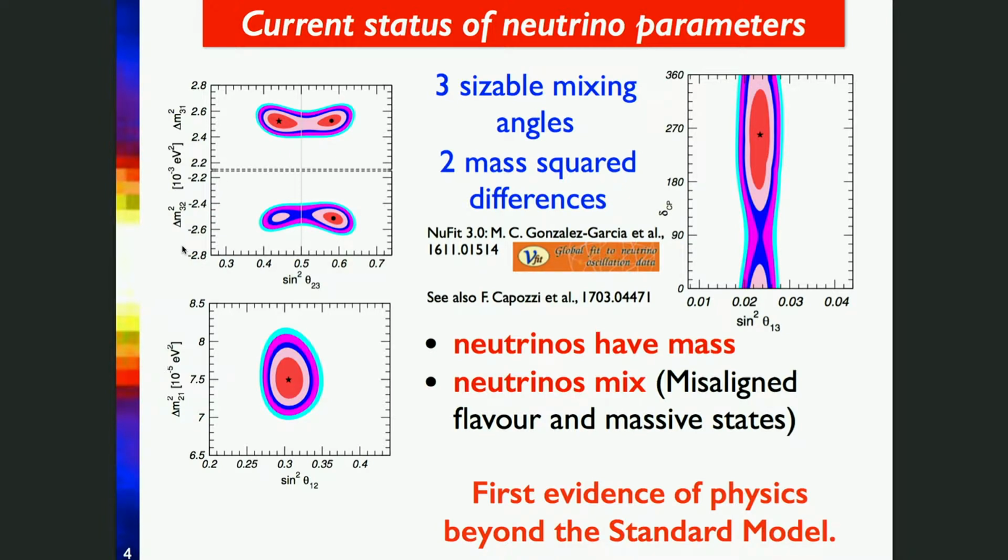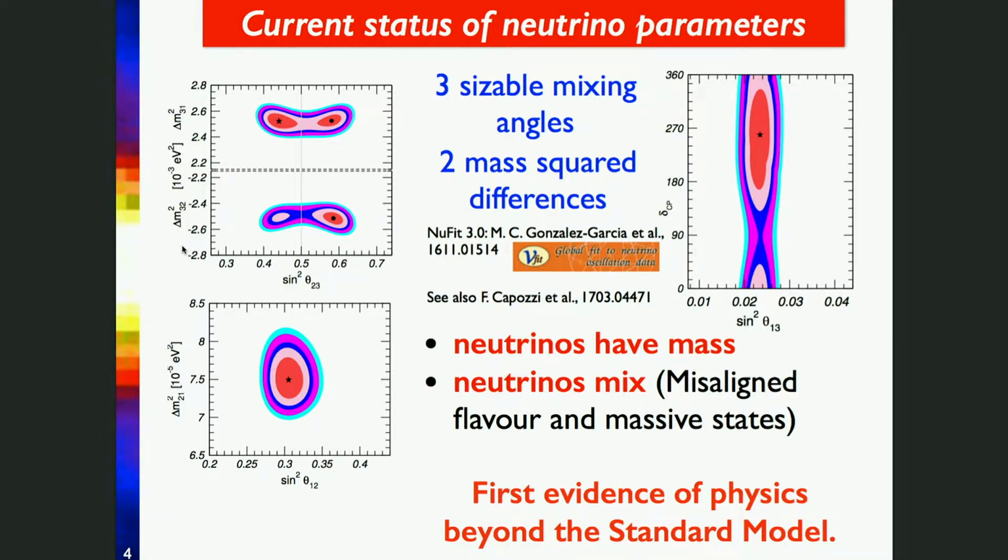Just to clarify, the ordering is somewhat arbitrary. I could choose to have always the lightest one and call it M1. But this would mean that we need to change the meaning of the mixing angle compared to what we observe. In the literature right now, basically everybody prefers to stick to the meaning of the mixing angle.